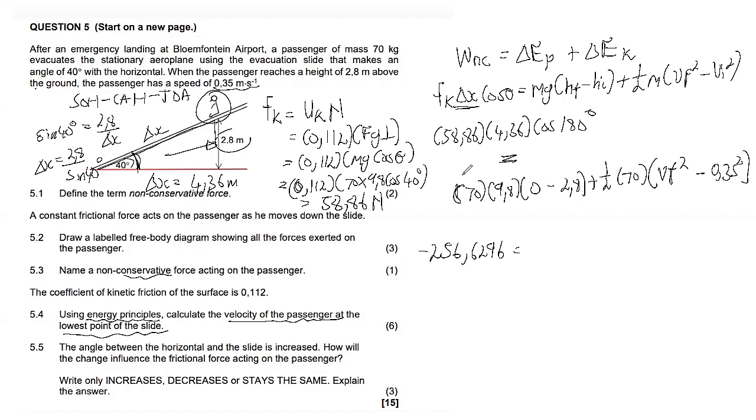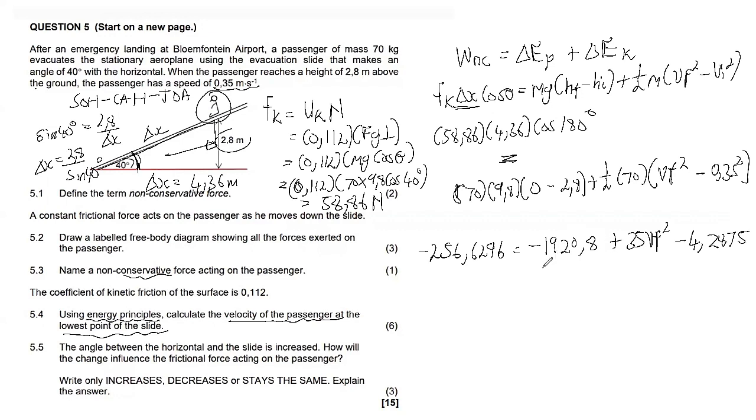Then if we punch this, 70 times 9.8 multiplied by 0 minus 2.8, that's negative 1920.8. Then plus half of 70, that's 35, multiplied by vf squared, that's 35 vf squared. And then again, 35 multiplied by negative 0.35 squared, that's going to give us negative 4.2875, right?